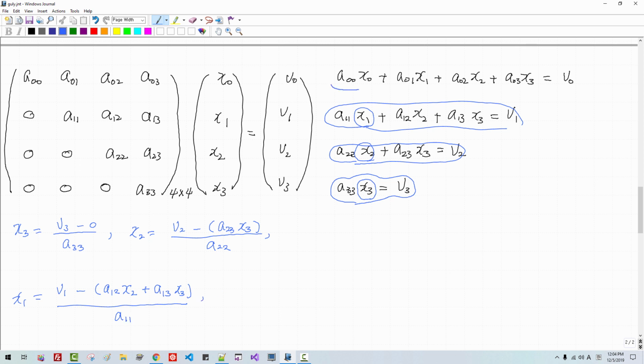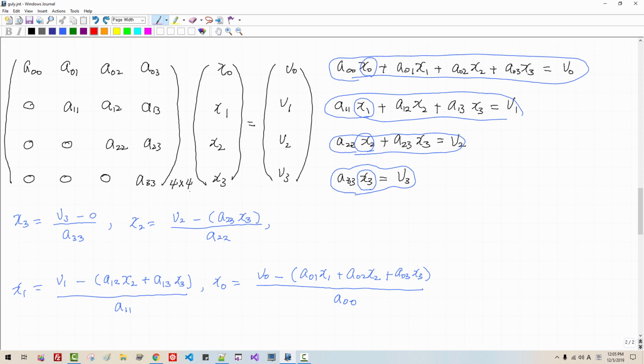If we solve this equation for x0, it becomes x0 equals b0 minus a01 x1 plus a02 x2 plus a03 x3 over a00.